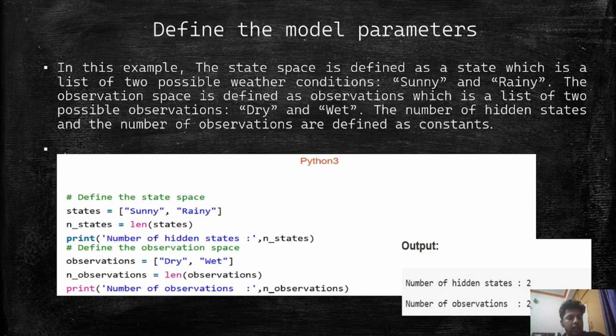In the code, you can see that states are taken as an array wherein you have sunny and rainy, and n_states is the length of states, that would be two. And we print the states, and you can see the output as well. Similarly, we take observations as dry and wet, and the observations are also printed using n_observations and len of observations.